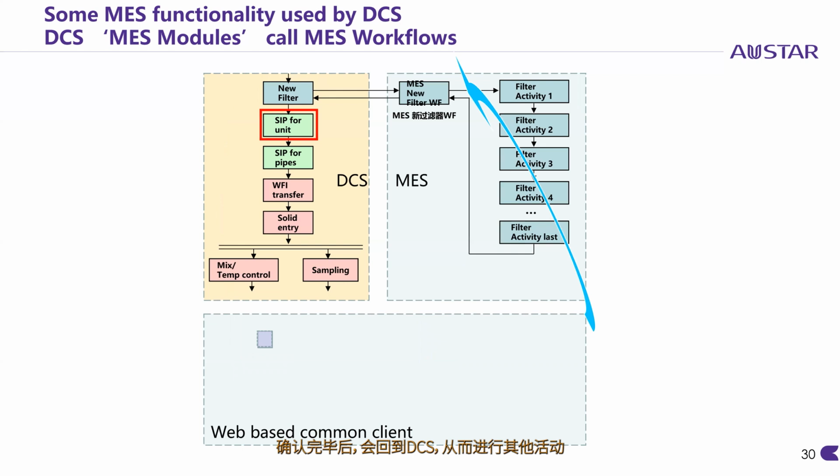And this goes back to the DCS, and the DCS can then go on with its own activities. So we try to have just one single point of connection, but not an overall program for both. With this setup, we can run MES and DCS together.